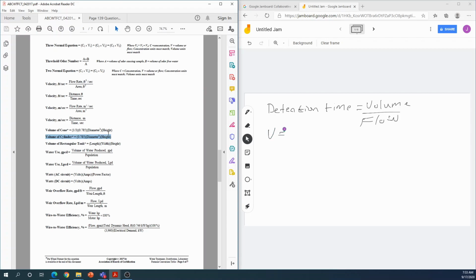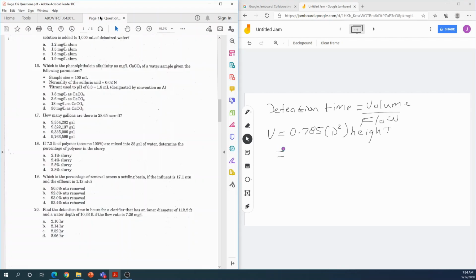So volume is 0.785 diameter squared times our height. So we know our volume is 0.785. Our diameter is 102.2 feet.